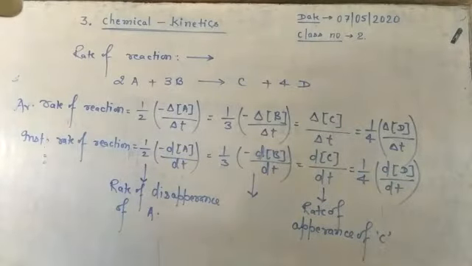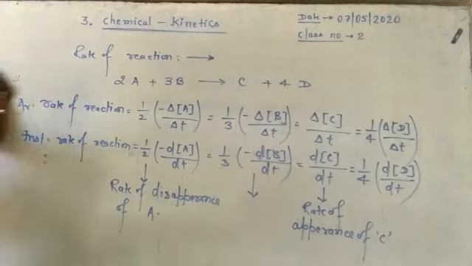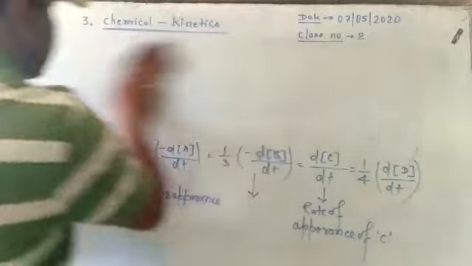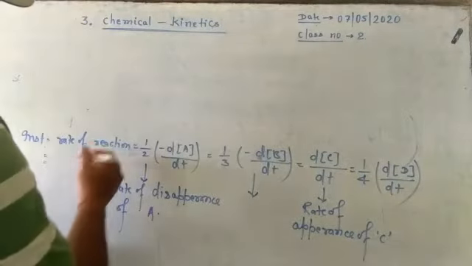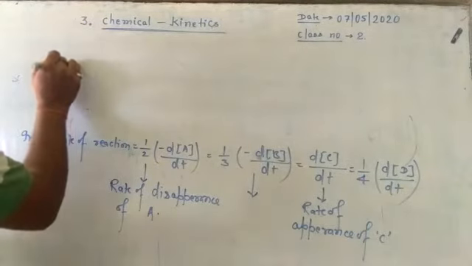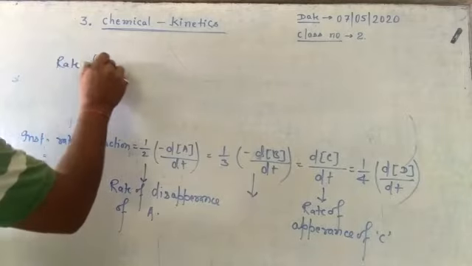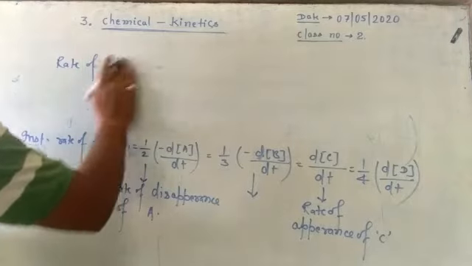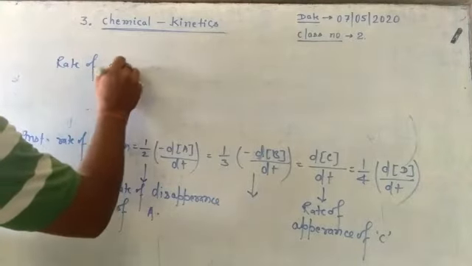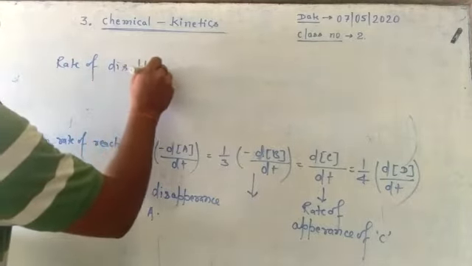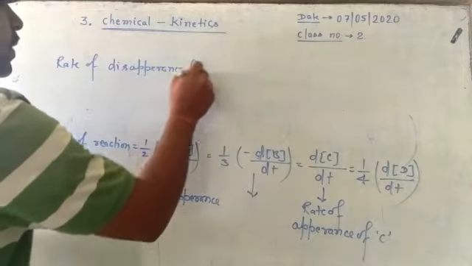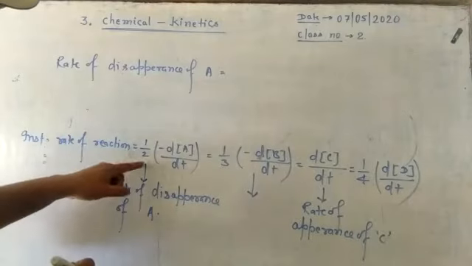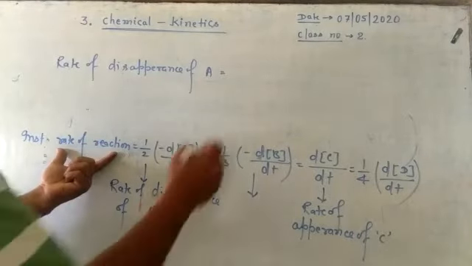Now students, if we write the rate of disappearance of A, 2 is multiplied with the rate of reaction.